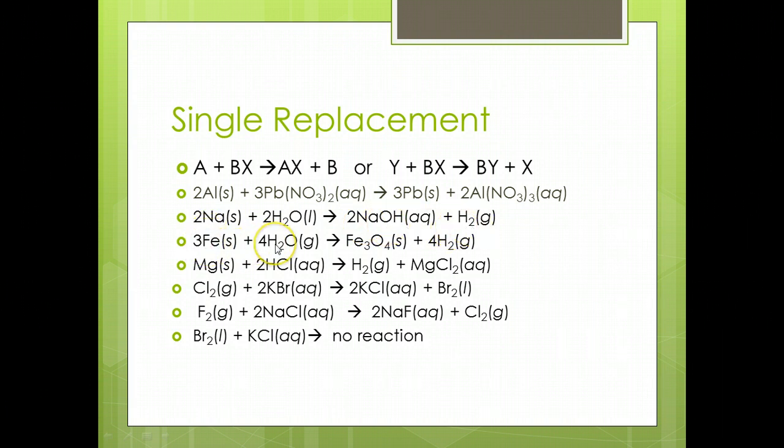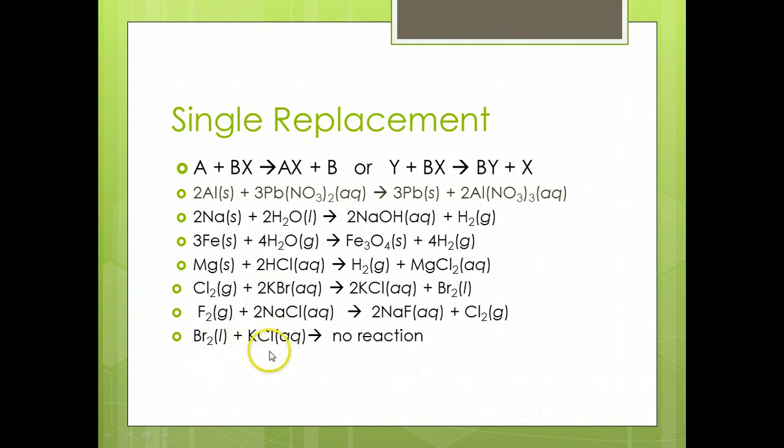Iron replaces one of the hydrogens, or both of the hydrogens in water, and I get iron 2 oxide, iron 3 oxide, and I get hydrogen. Magnesium will replace hydrogen in hydrochloric acid, giving me hydrogen gas plus magnesium chloride. Here I'm replacing my anion, one halogen with another reactive halogen.